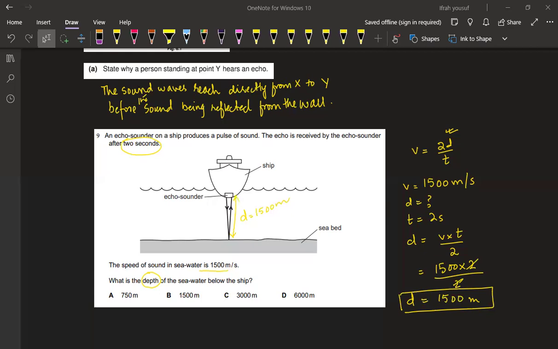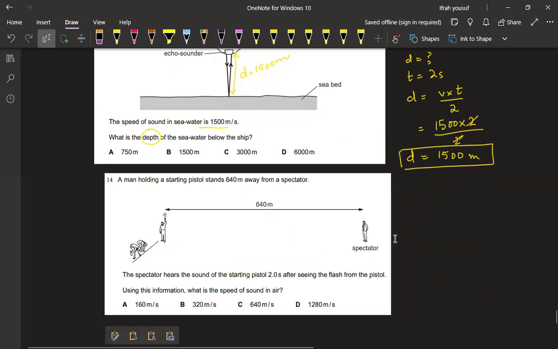Here's another question we can do. A man holding a starting pistol stands 640 meters away from a spectator.